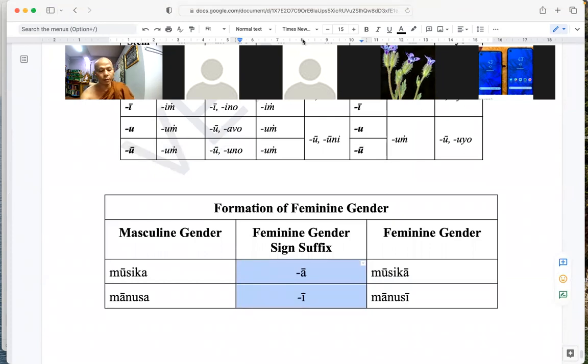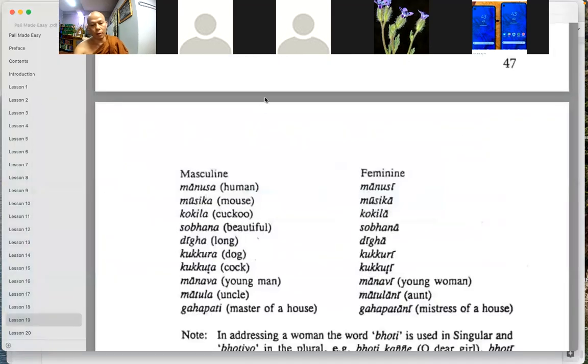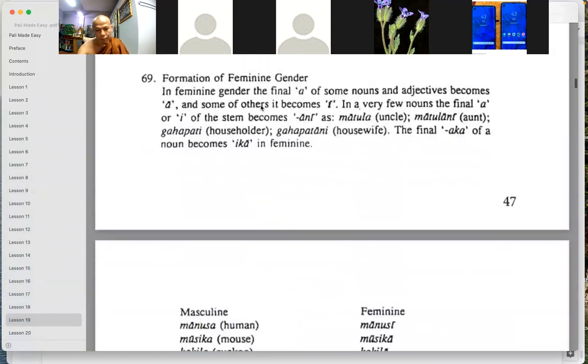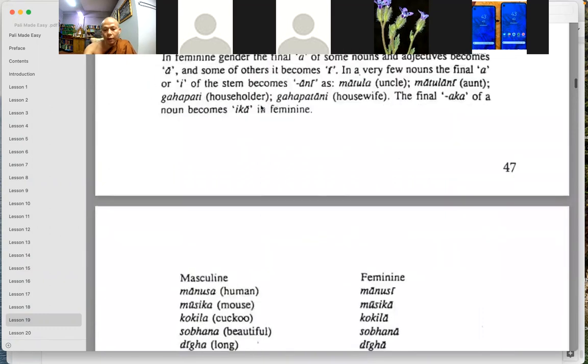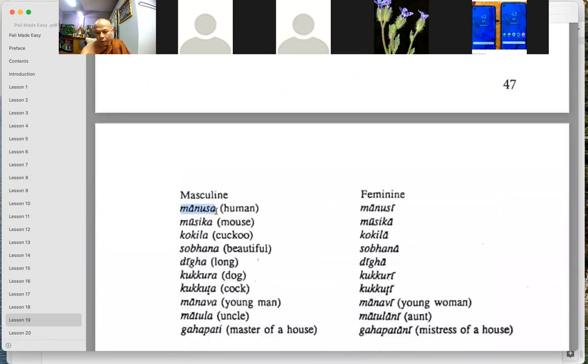Okay, now we go to the vocabulary. So you see here, manusa, by adding the E, manusi. Manusa means human, male human, and musika means mouse, but musika by adding the R, female mouse. And kokila means cuckoo, and kokila by adding the R. Also here, adjectives are also in this way.